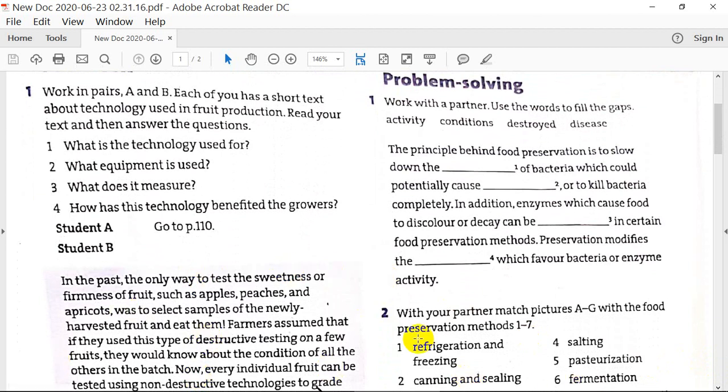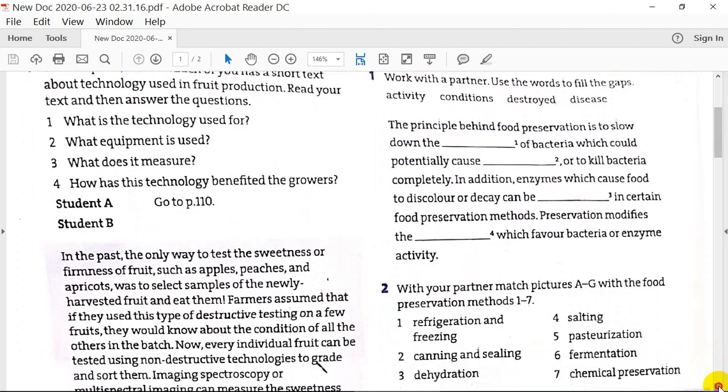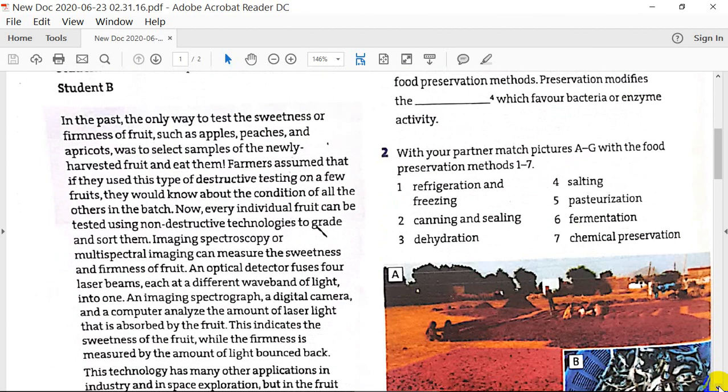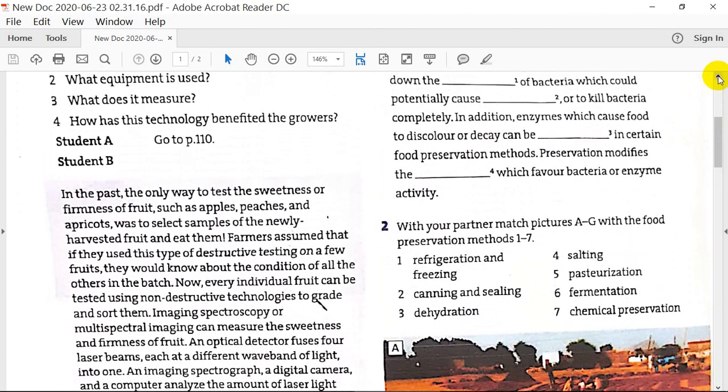You can read this paragraph at home. After you read this paragraph, try to answer the questions. They are talking about the technology used for preserving and measuring, and the equipment they use to preserve or save food.